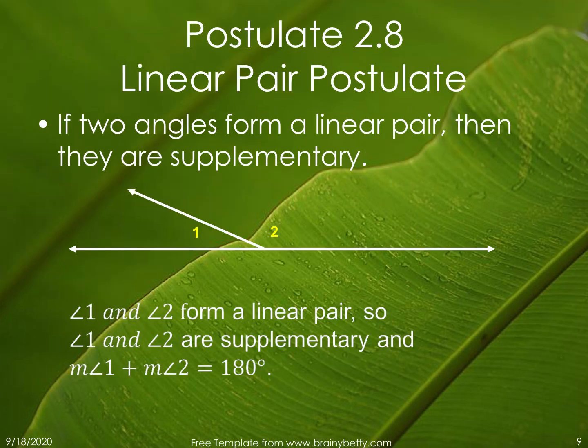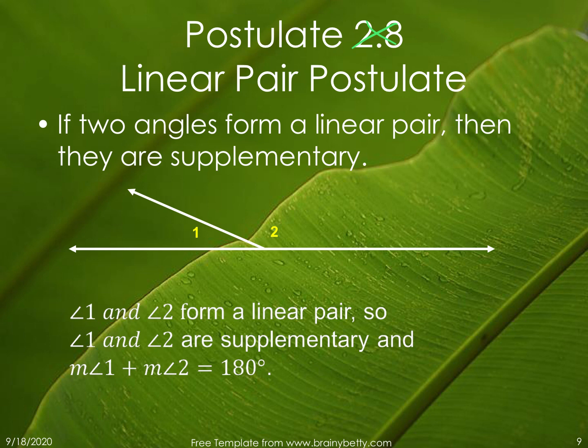Now we have a postulate. Again, don't memorize the number. This is the linear pair postulate, which states that if 2 angles form a linear pair, then they are supplementary. So we already saw the definition of a linear pair, and that tells us how they're formed. Now the postulate tells us about the measurement and that they're supplements.